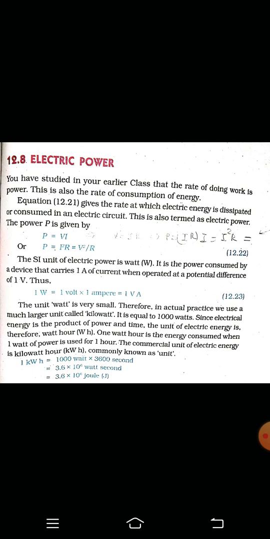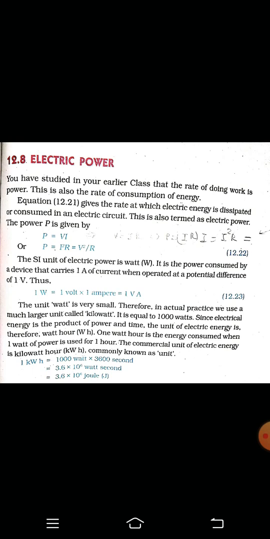Now how did we get this equation? You can see it is displayed on the screen in the textbook. I have mentioned it with pencil. You will also write so that you remember how this equation has come. We know from Ohm's law V is equal to IR, right?